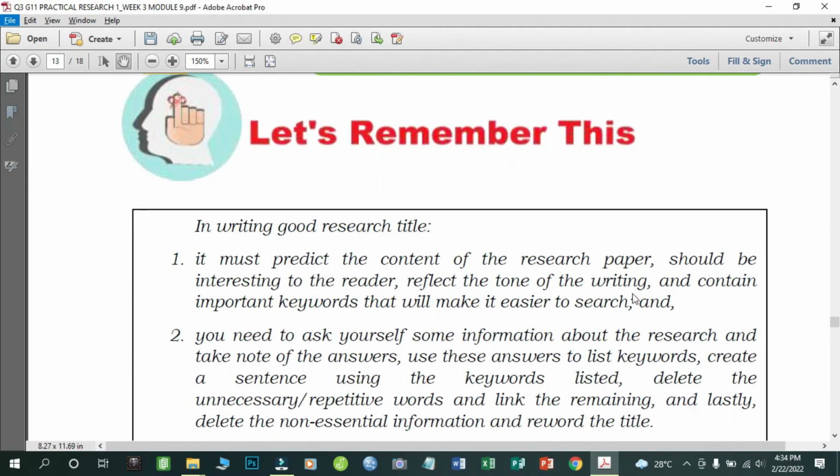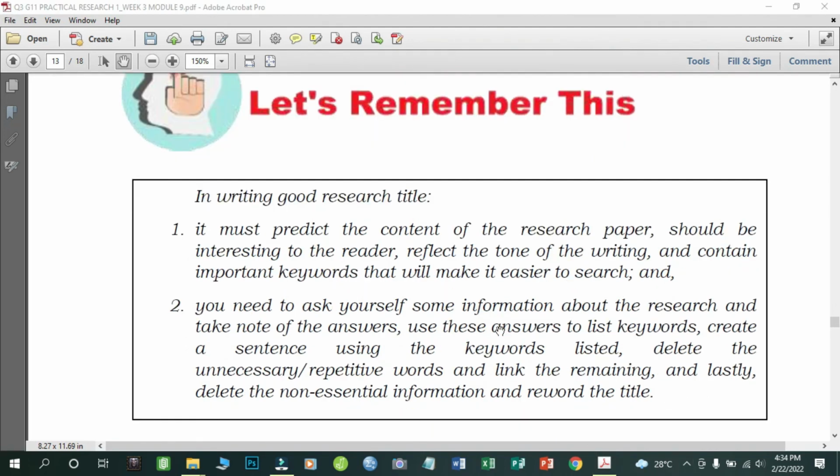Okay, let's remember this. In writing a good research title, it must predict the content of the research paper, should be interesting to the reader, reflect the tone of the writing, and contain important keywords that will make it easier to search.